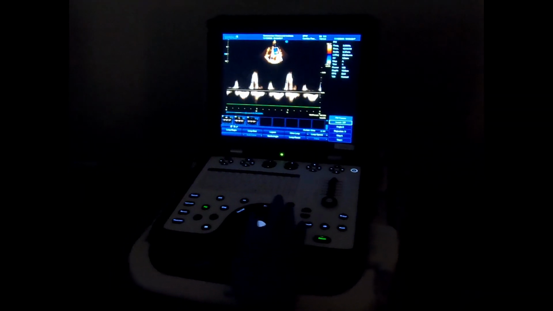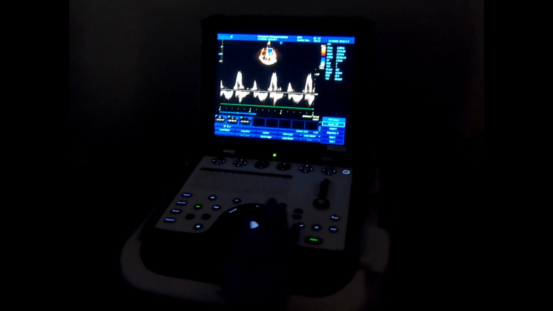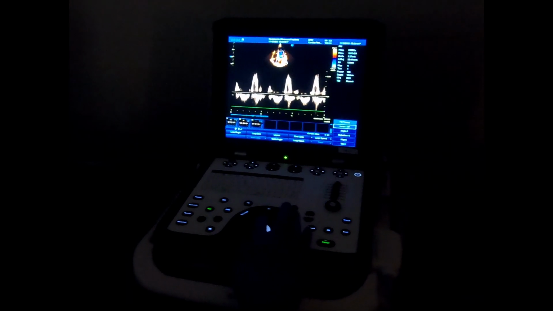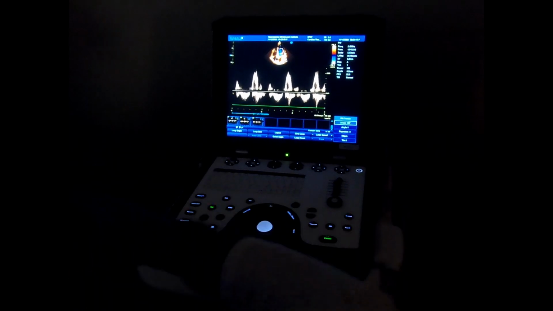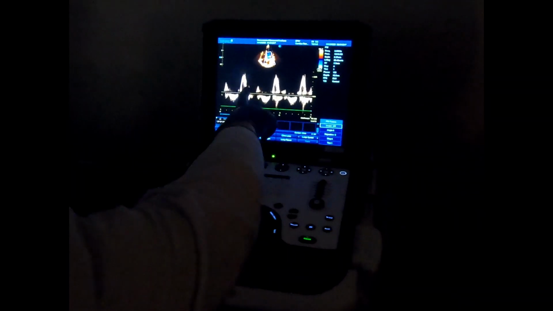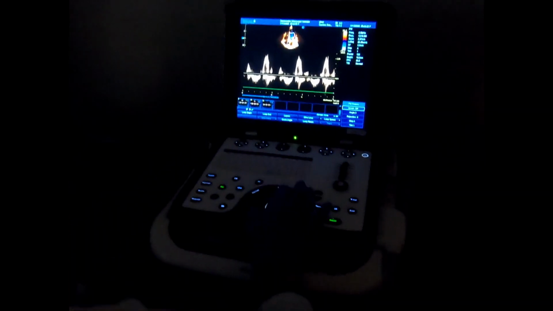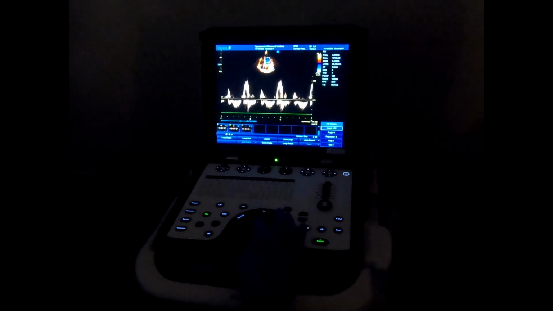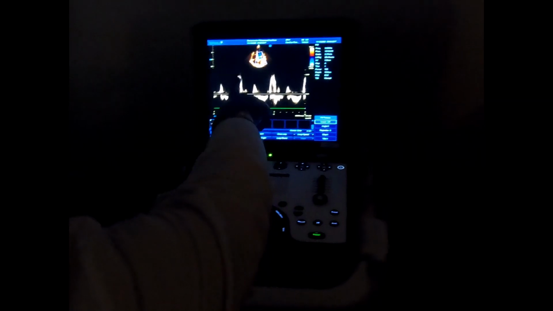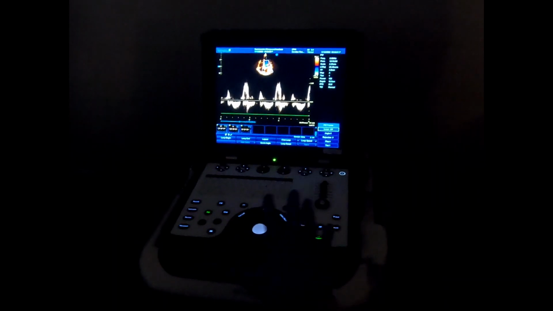And then the A, if someone has a slower heart rate, this will be at a distance from the E. This is not A, this one is the A. I know without ECG that's not good to say, but at least you can tell based on the density and the gain.